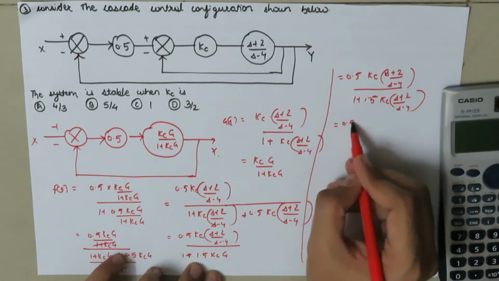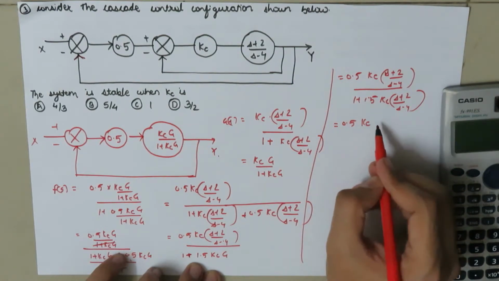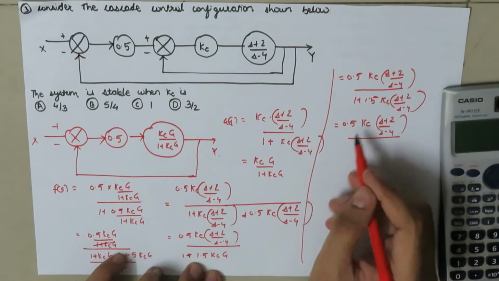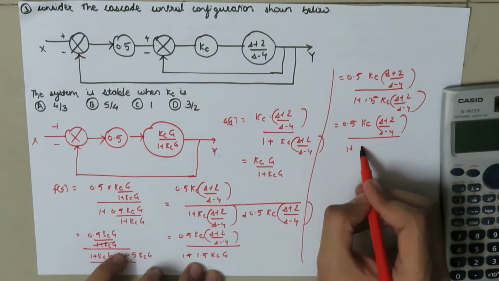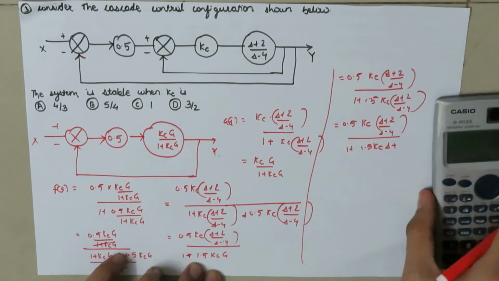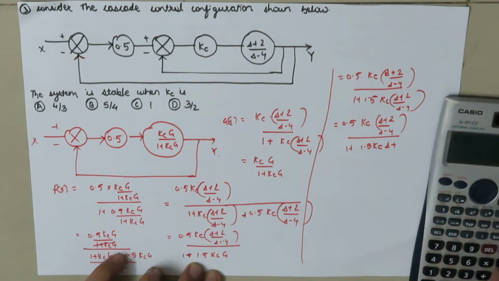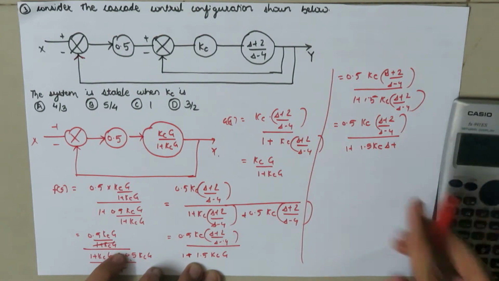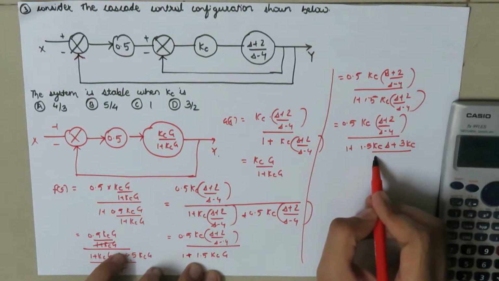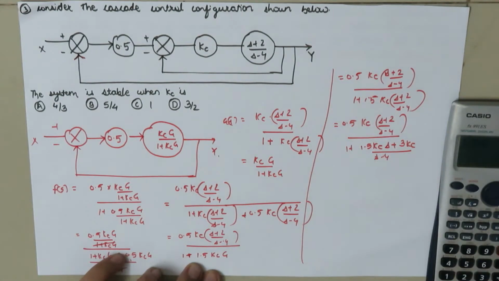So this will be 0.5 upon Kc multiplied by S plus 2 upon S minus 4, divided by 1 plus 1.5 Kc S plus 1.5 into 2 is plus 3 Kc over S minus 4.